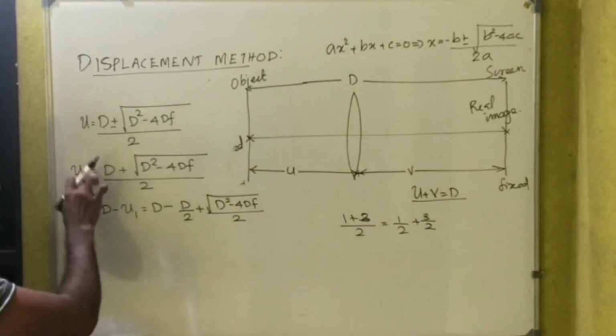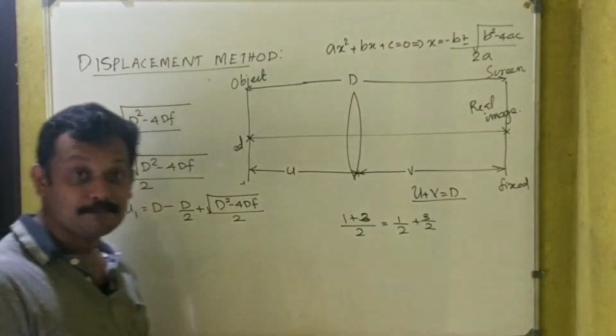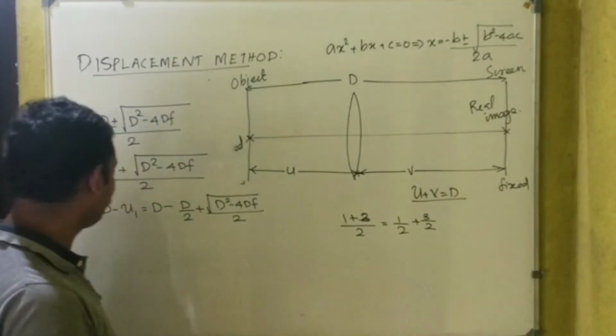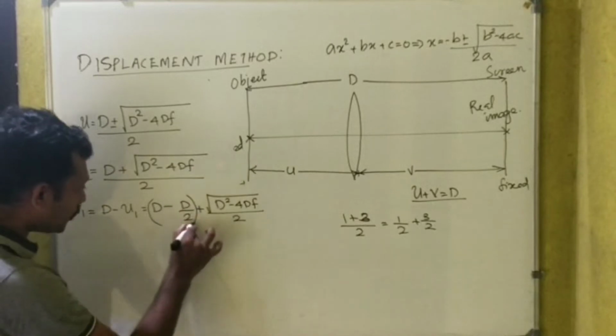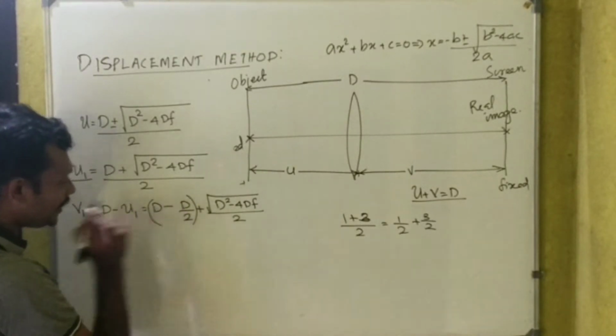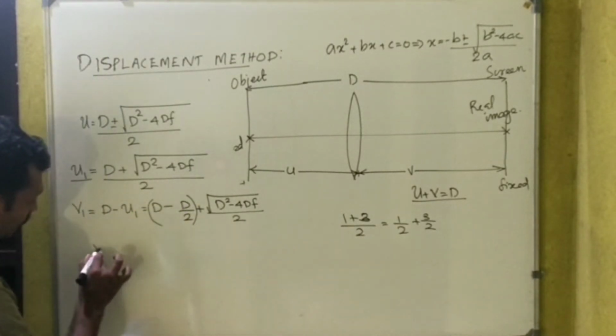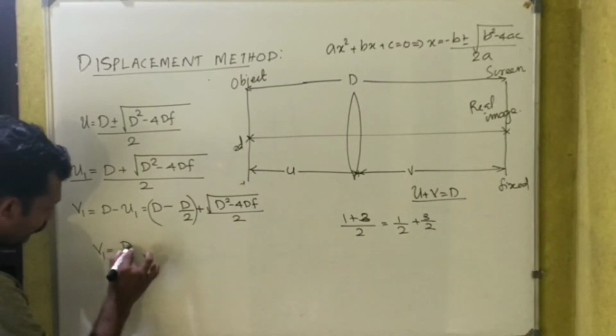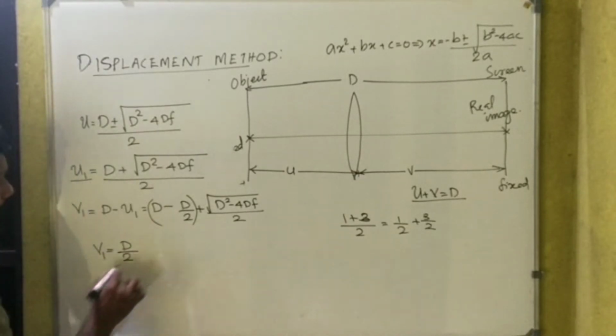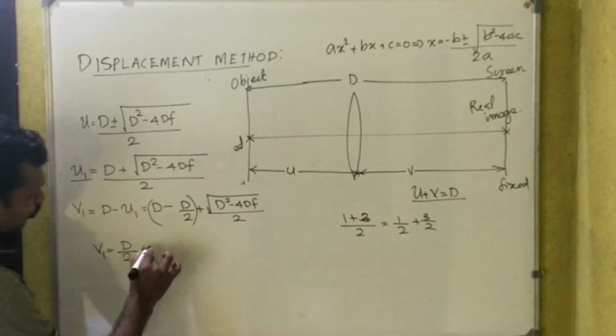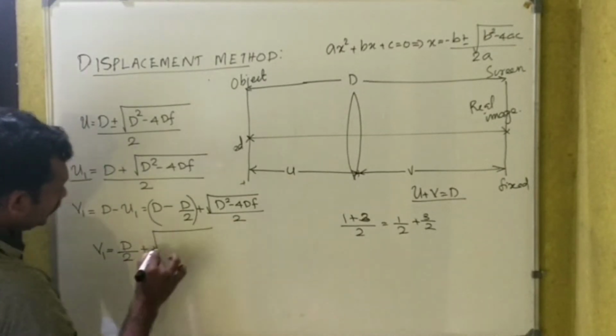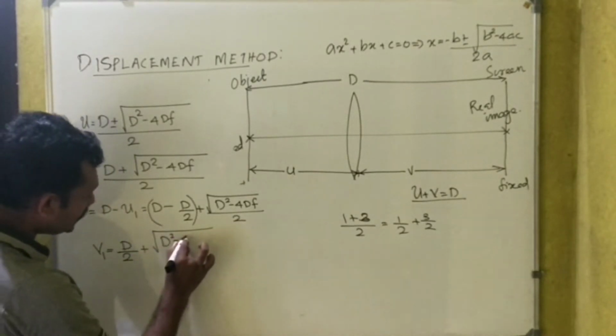So the same procedure is what I have used in splitting this expression. Now, what is d minus d by 2? It is equal to d by 2. So I am getting v1 is equal to d by 2 plus root of d square minus 4df.